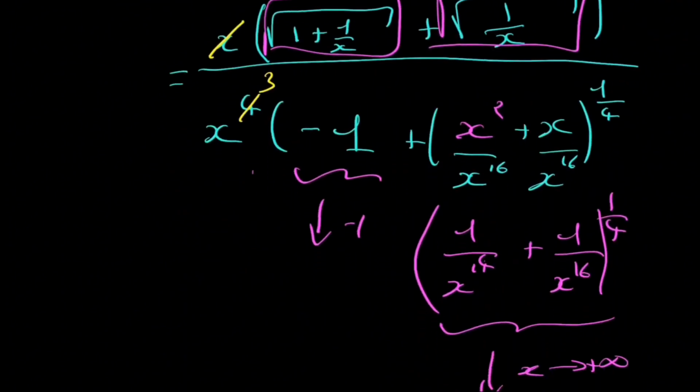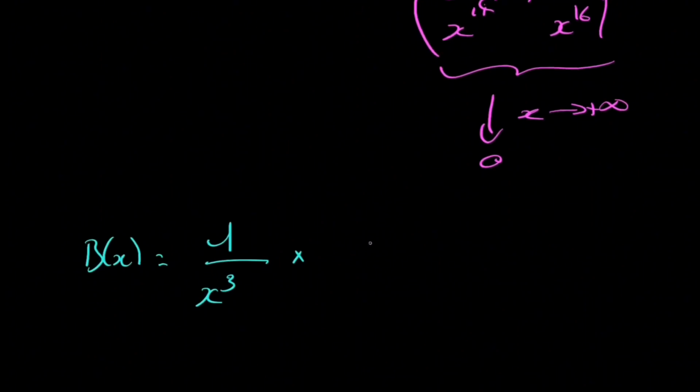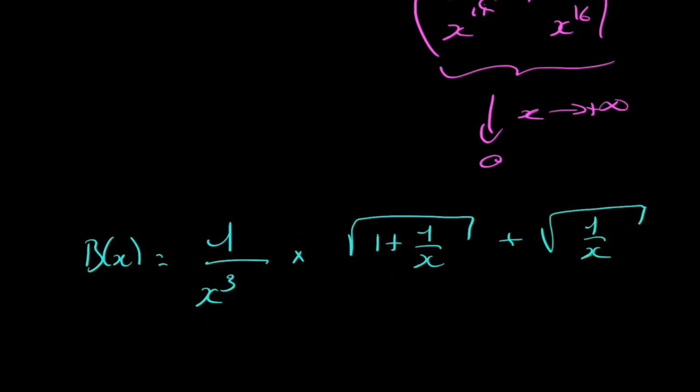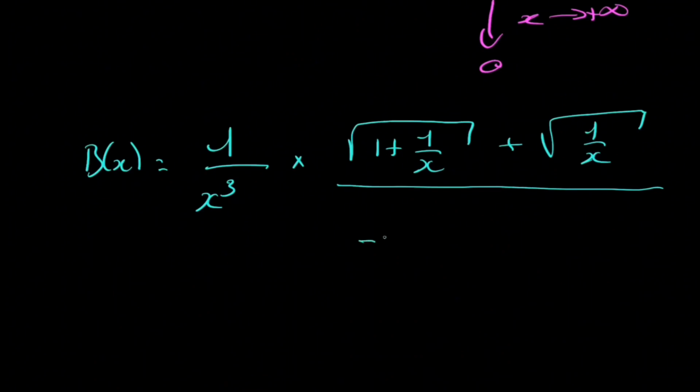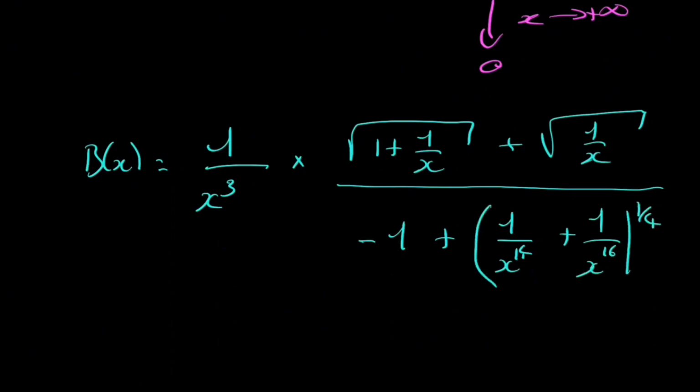So we are going to write it down. Square root of 1 plus 1 over x plus square root of 1 over x, over minus 1 plus 1 over x to the 14 plus 1 over x to the 15, everything to the 1 over 4th power.